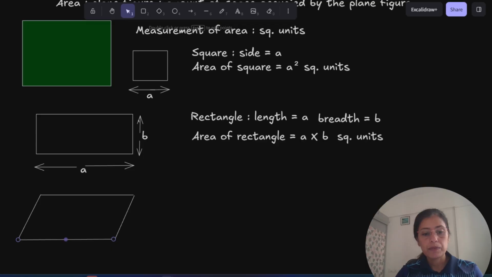So this becomes our parallelogram, and then I'll say this is the base of the parallelogram. This base is, we can say B. Okay.